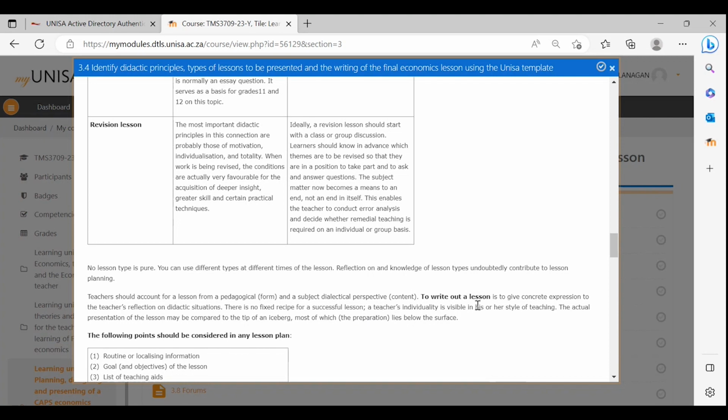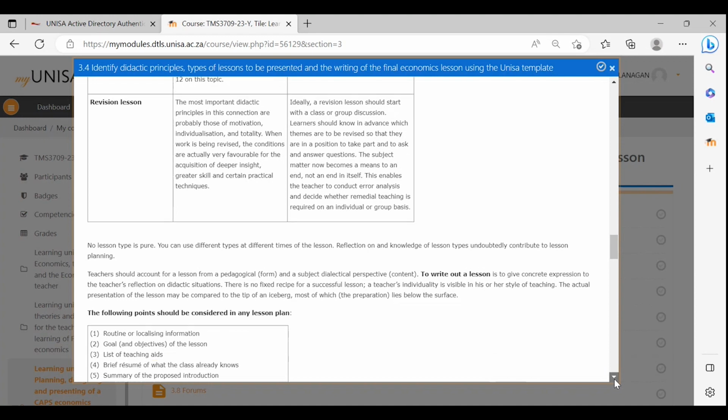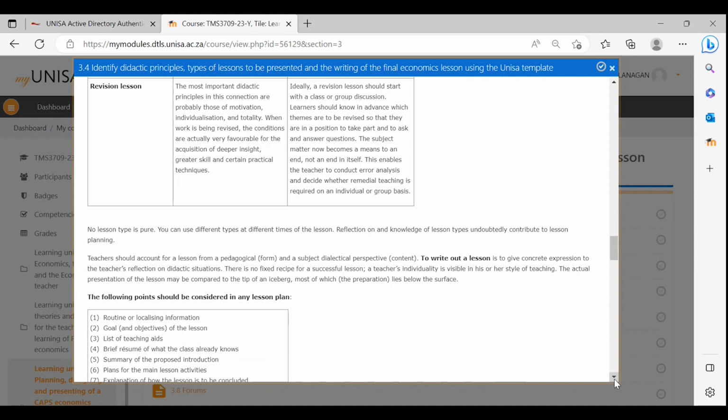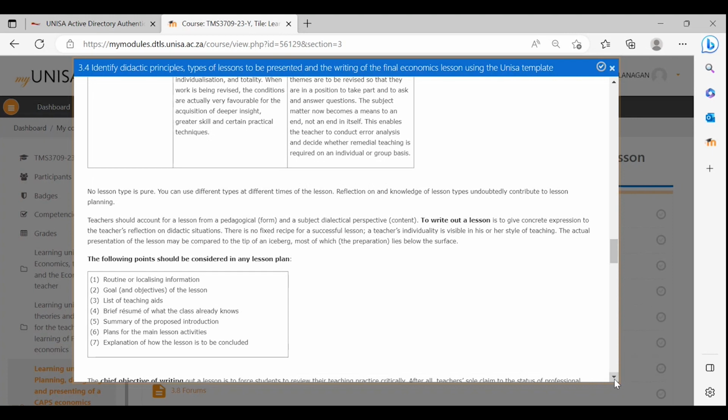A teacher's individuality is visible in his or her style of teaching. The actual presentation of the lesson may be compared to the tip of the iceberg, most of which lies below the surface. All right. So what comes out in class is what you've done the previous day through your planning.